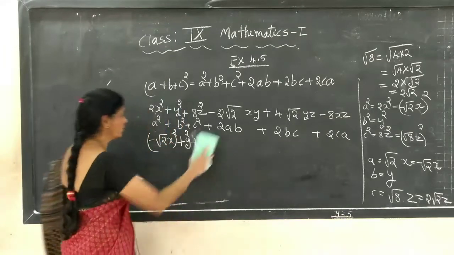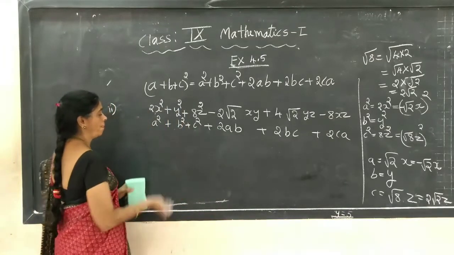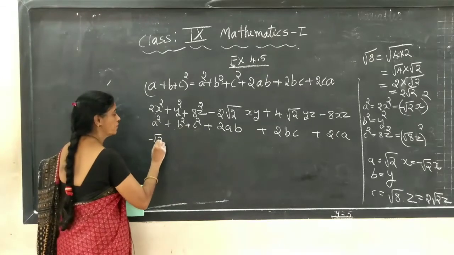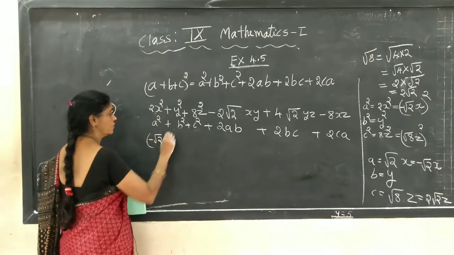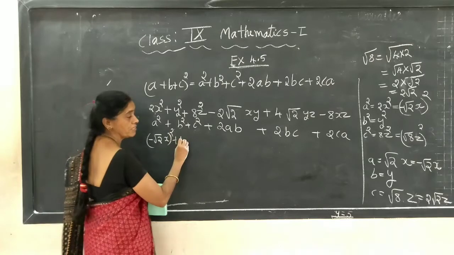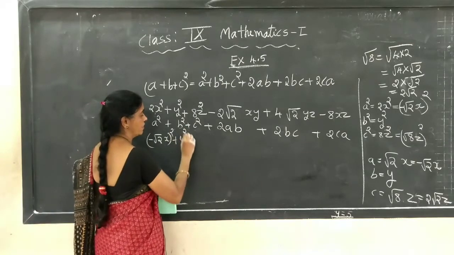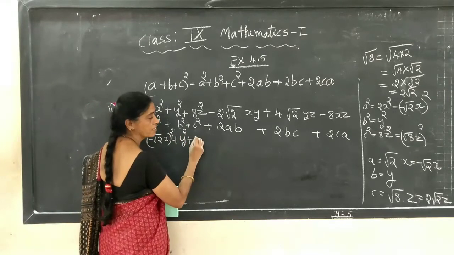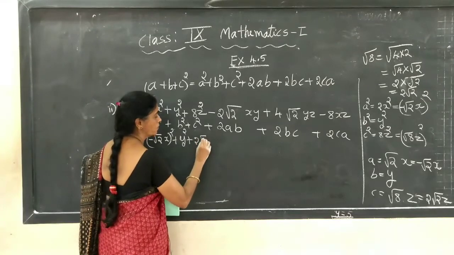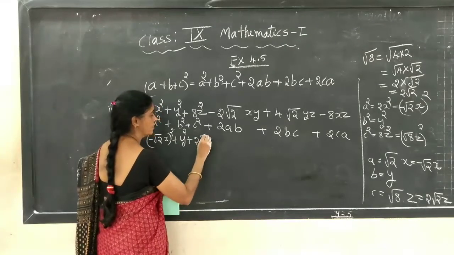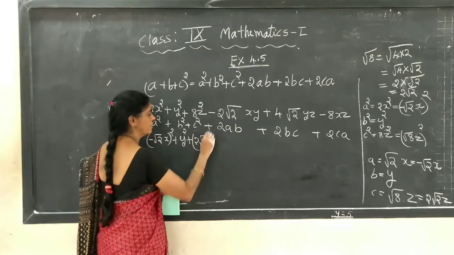Write below this only. So a is minus square root 2 x, its whole square, plus b is y square, plus c is 2 square root 2 z, its square.